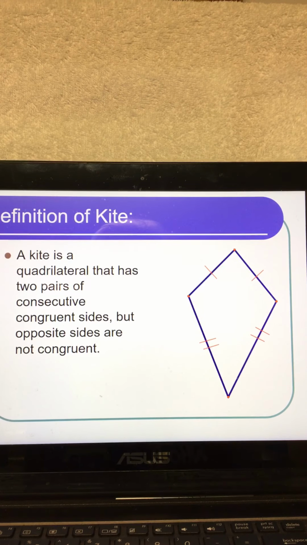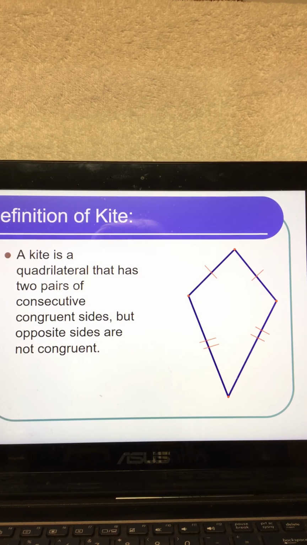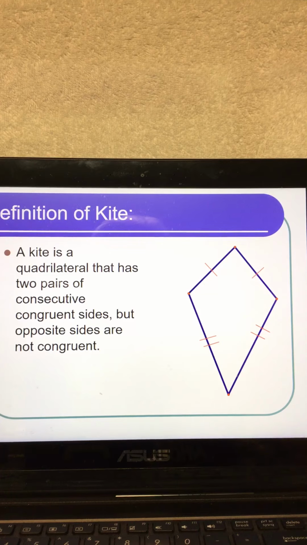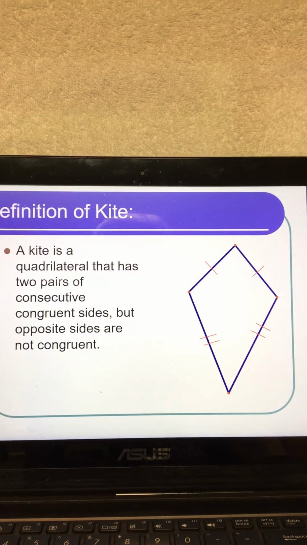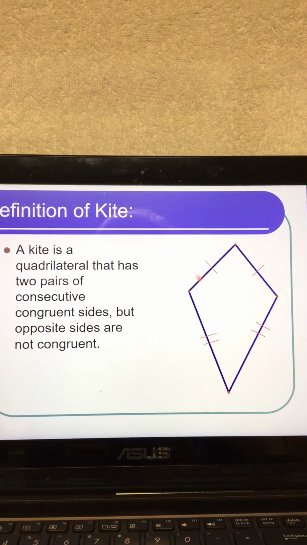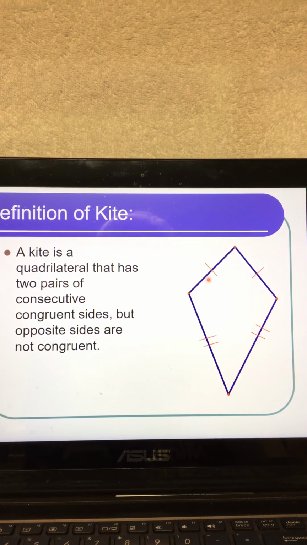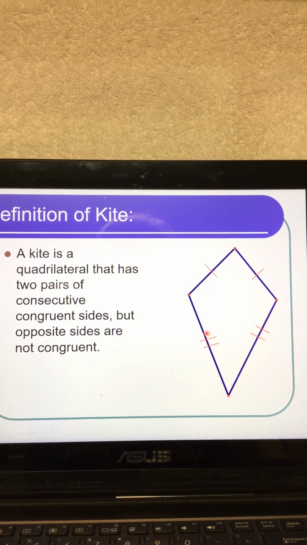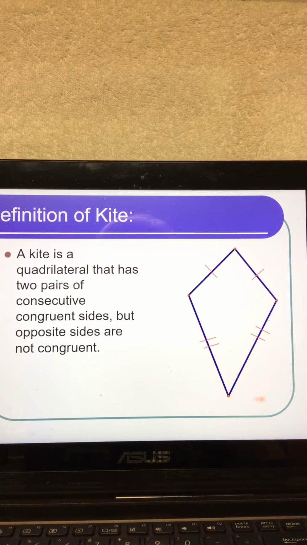A kite is a quadrilateral. That means it has four sides. It has two pairs of consecutive congruent sides, but opposite sides are not congruent. So here's one pair of congruent, consecutive, meaning touching each other. Here's the second pair of consecutive congruent sides.